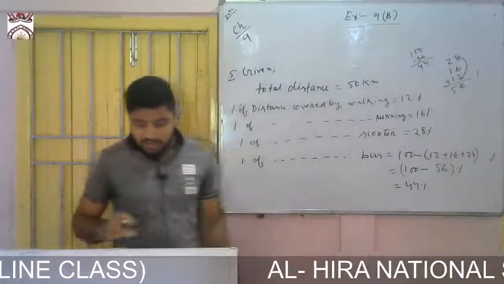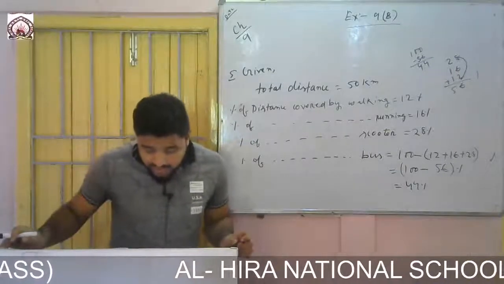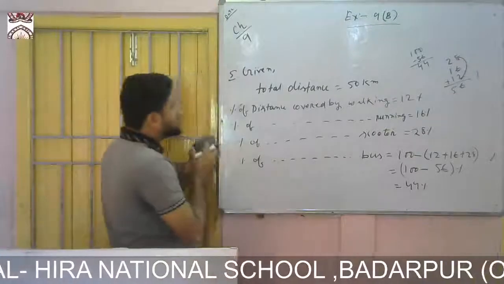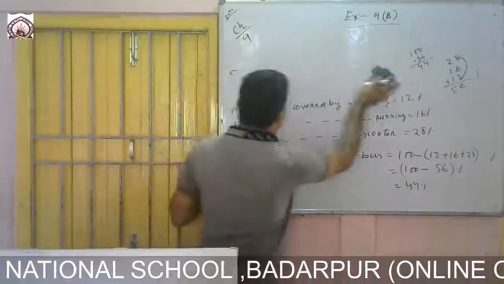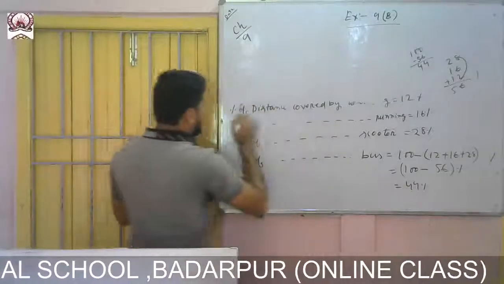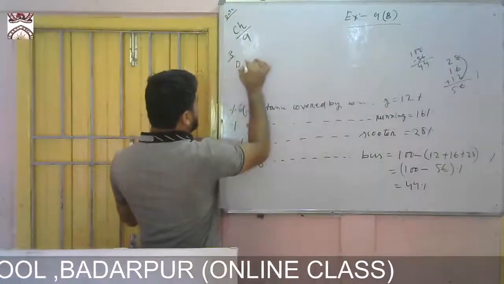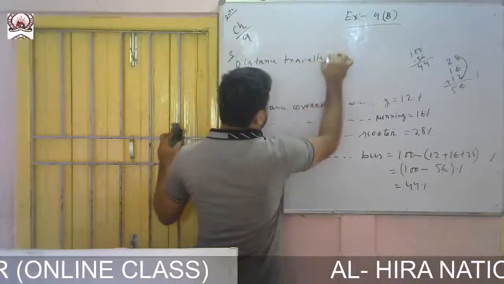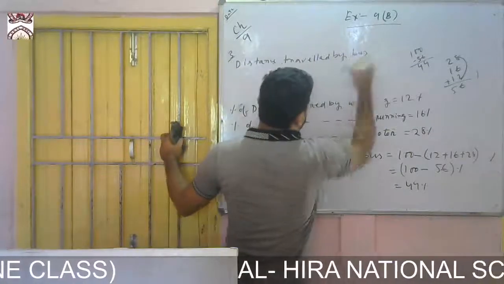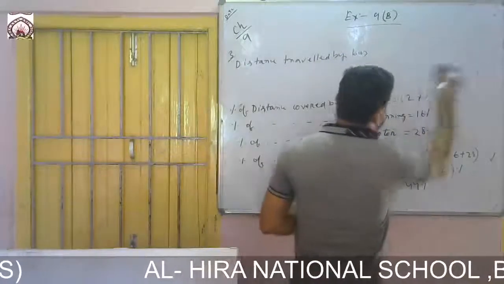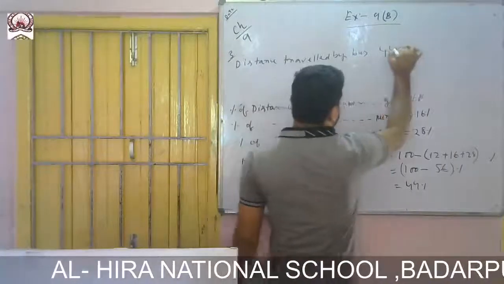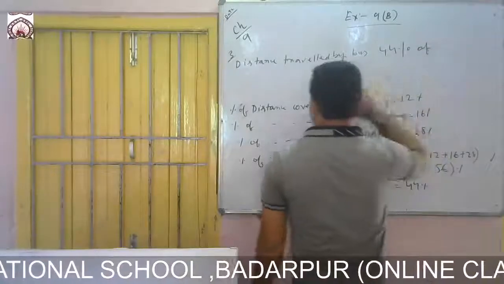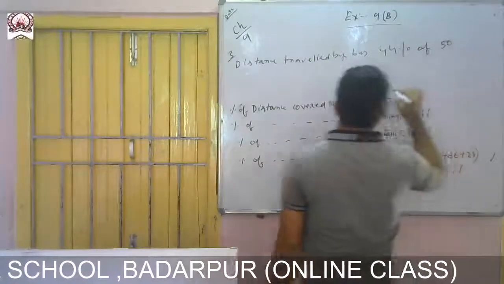Now, how many kilometers did I travel by bus? So write the distance traveled by bus equals 44% of the total distance, that is 50.